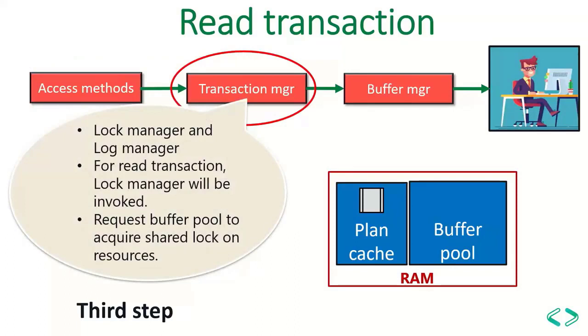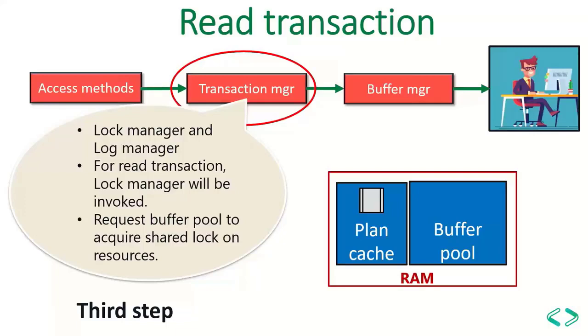Inside the transaction manager, we have two more components, the transaction log component as well as the log manager component. Now, as this is a read transaction, the transaction manager will not invoke the log manager part of it. You know why, right? This is a read transaction.